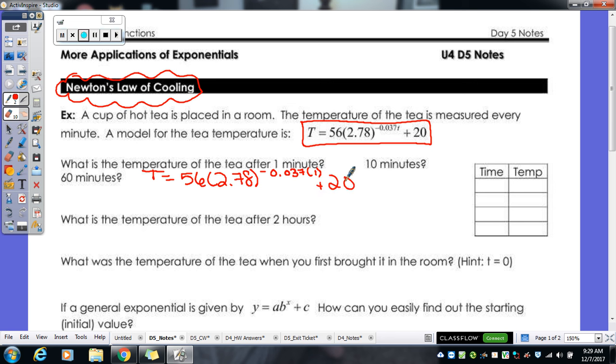So your 56 times your 2.78 to the negative 0.037 times 1, plus 20. So go ahead and type that in your calculator.